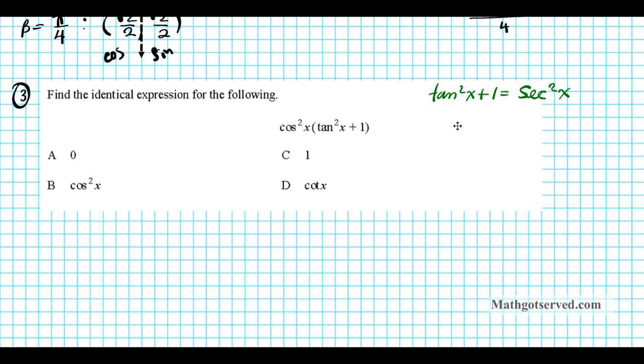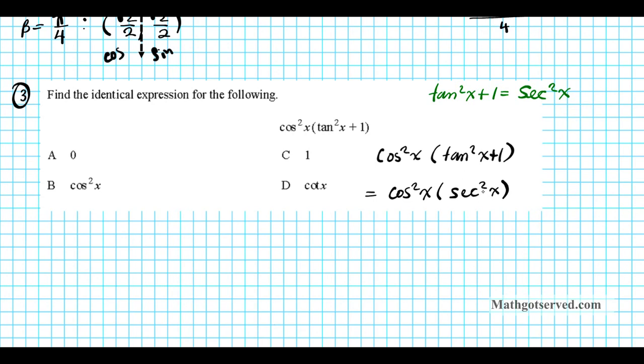So if I apply that here, I'm going to have cosine square x times tan square x plus 1 is equal to cosine square x. Now instead of tan square x plus 1, I'm going to write times secant square x in parentheses. Now we're going to use another identity known as the reciprocal identity.